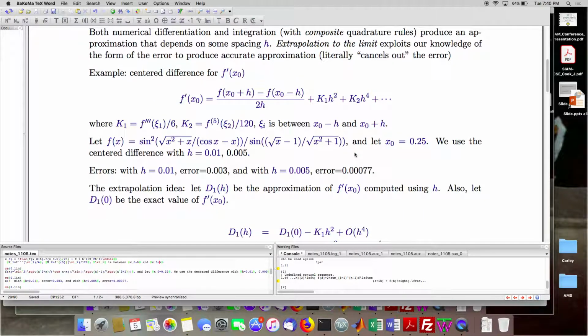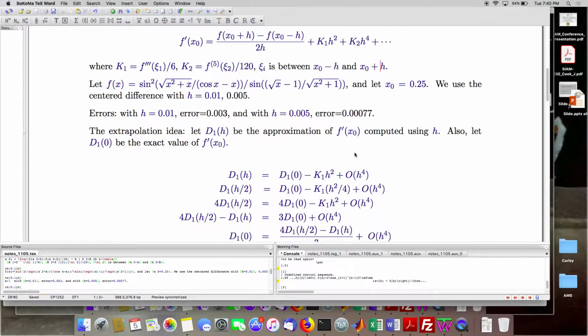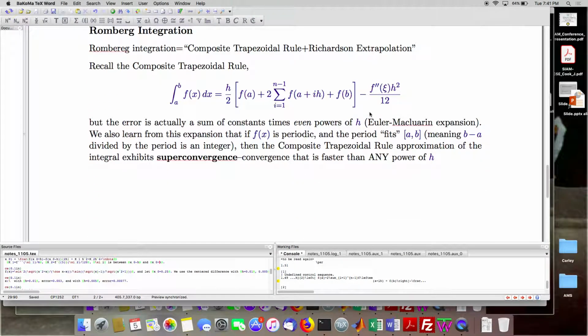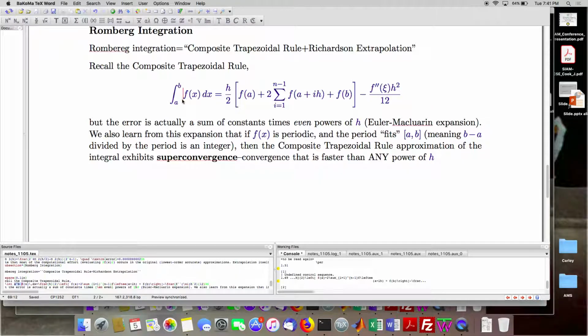Whereas for the trapezoidal rule for integration, here's the error. Again, an unknown point plugged into the second derivative. Where's that unknown point? Anywhere in [a, b], not a small interval. So right away, that tells you there's some inherent risk in using extrapolation with integrals as opposed to derivatives. Okay.